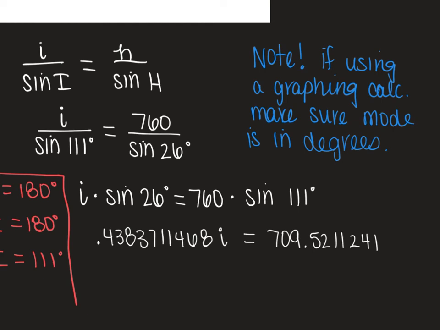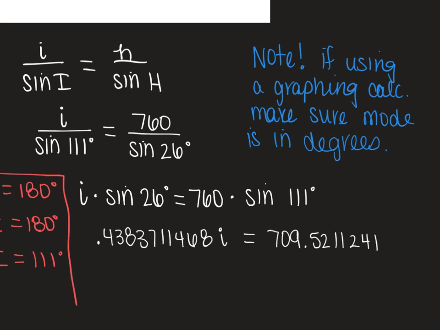Now we're trying to get i by itself, so we do need to divide by this long decimal, 0.438. You have your 709 decimal still in the calculator. Divide by 0.4383711468.